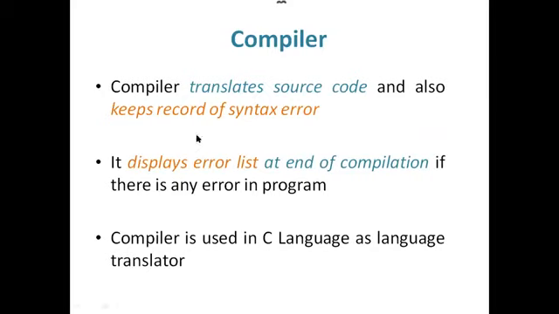And if there are errors in your program, then the compiler will also display the error list at the end of compilation. If there are any errors, then your code will not be translated into object code until and unless you remove those errors. The compiler is used in the C language as the language translator.